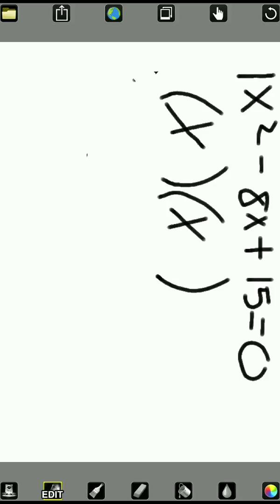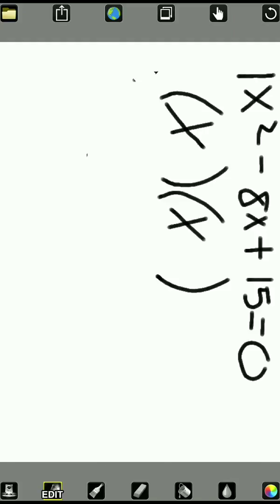So which numbers multiply to give us positive 15? 1 times 15 is positive 15.